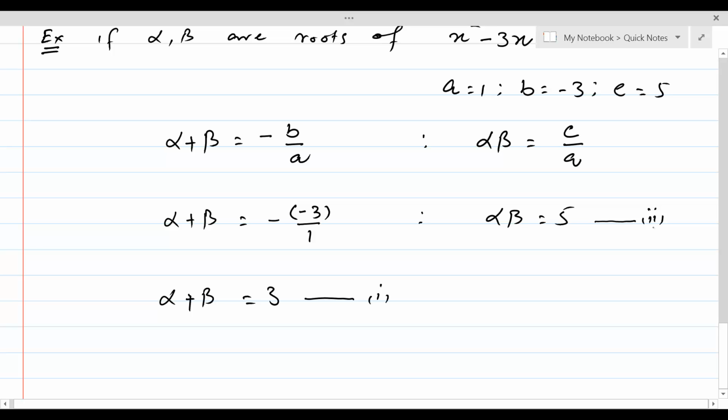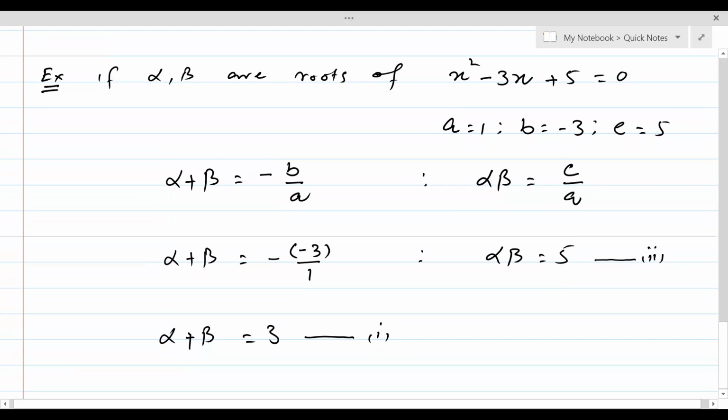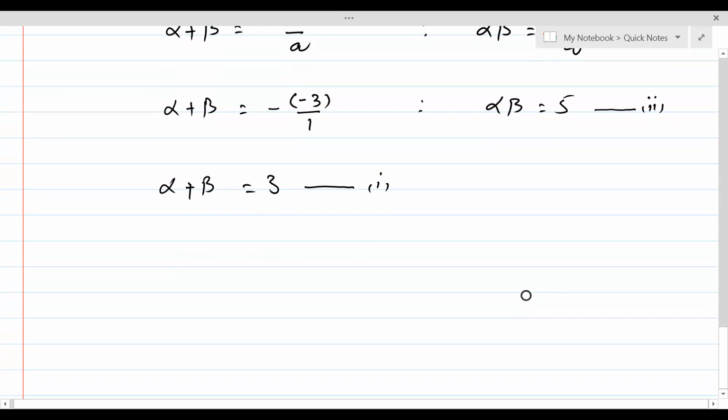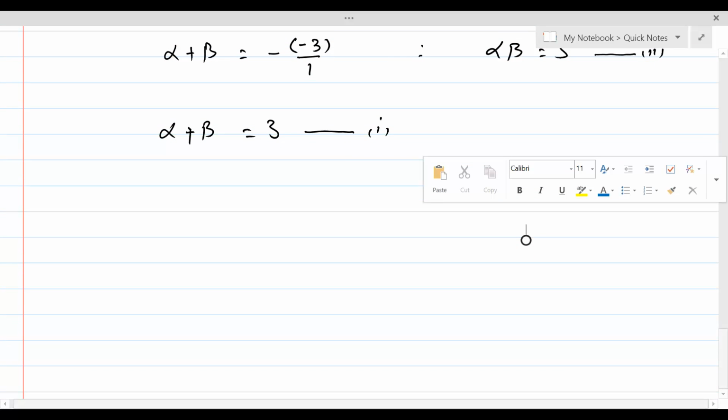So alpha beta were roots of the equation x square minus 3x plus 5. Therefore alpha plus beta is equal to 3 and alpha into beta is equal to 5. Now what is requirement of the question? We are required to find out the equation whose roots are 1 minus alpha over 1 plus alpha and 1 minus beta over 1 plus beta.